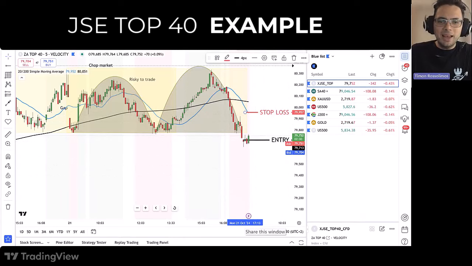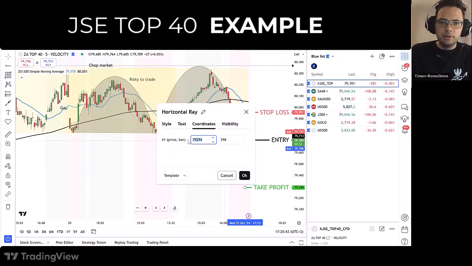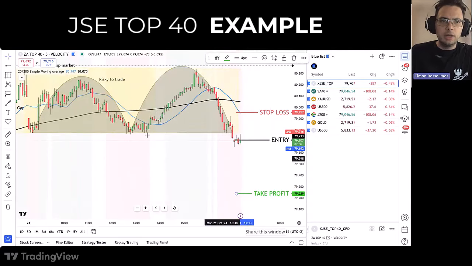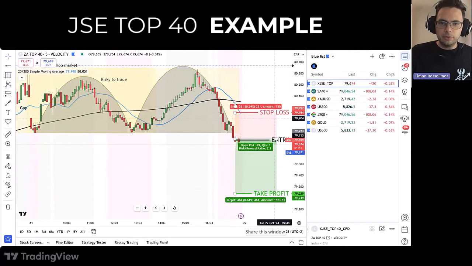Okay. And then the take profit is always a risk to reward of 1 to 2. So 79239. And now we will grab this short position, move that up so you can see it's about 230 points, and the take profit is 79239.